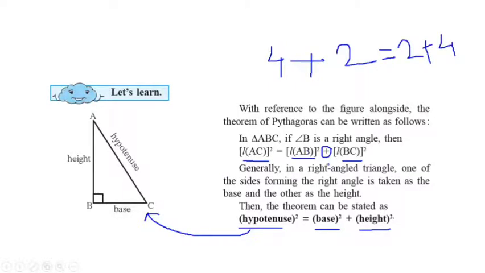So length of AB square plus BC square is also equal to length of BC square plus AB square. So according to this, hypotenuse square is equal to base square plus height square, then you have to write length of AC square is equal to length of BC square plus length of AB square. Since it should look convenient, we write AB and then BC. We go alphabetically in order.